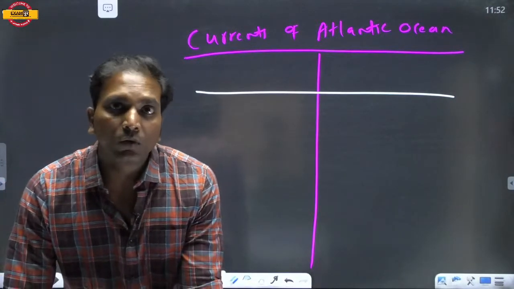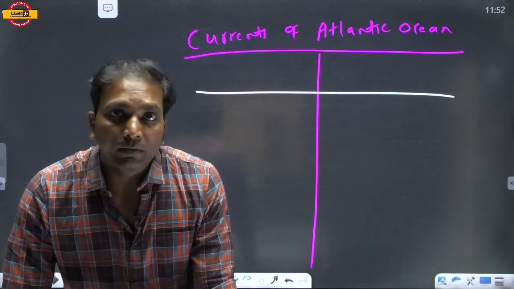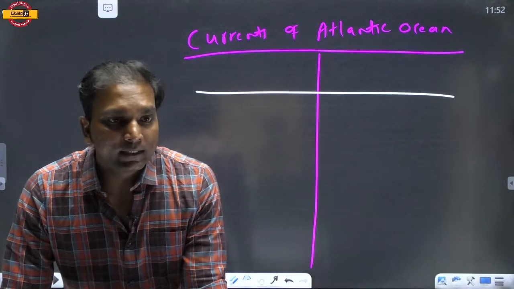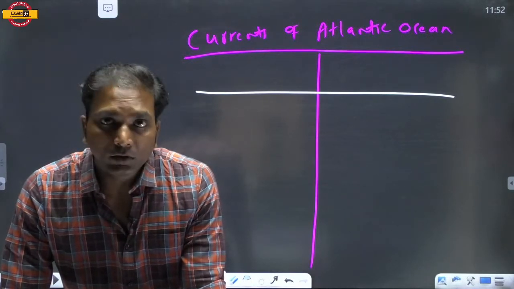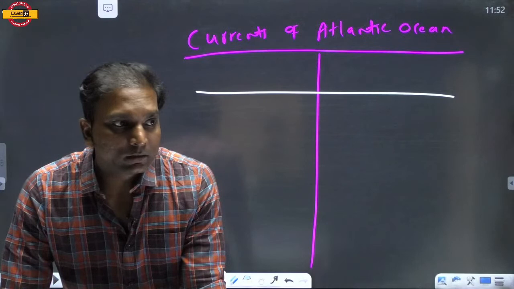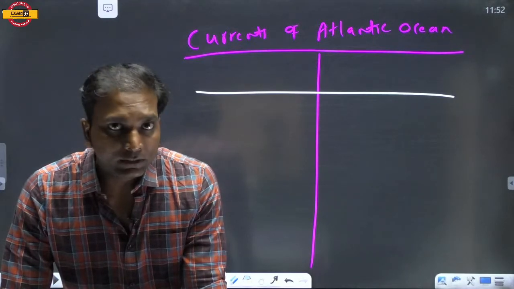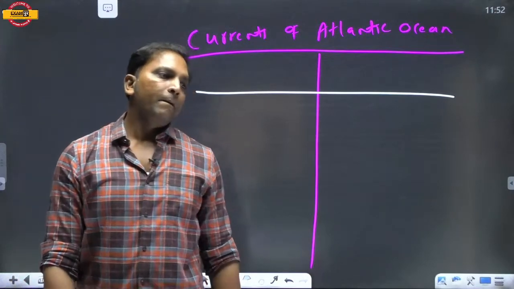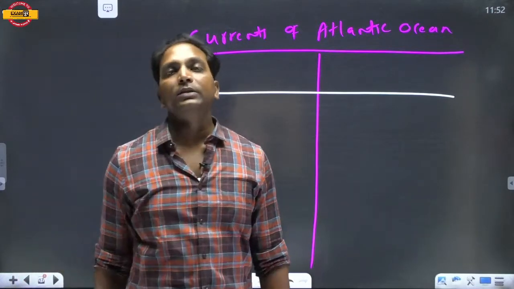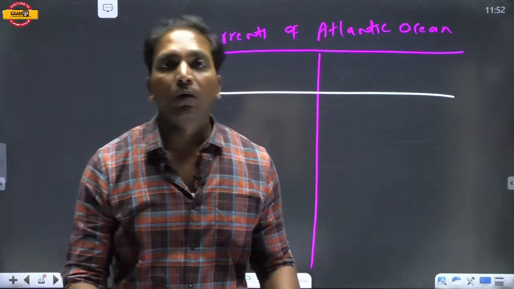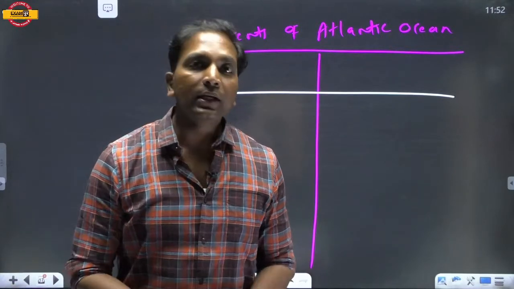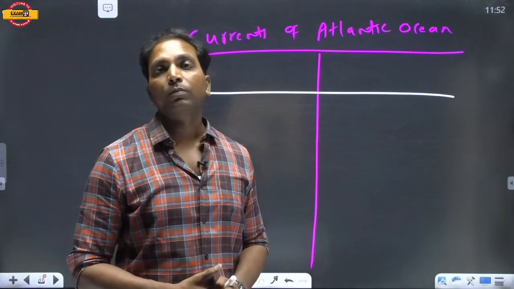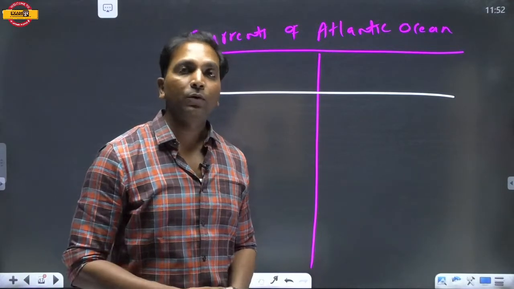Then we will discuss the Gulf Stream and the North Atlantic Drift, and how the western coast of the European continent stays warm all year, which is why it is called the blanket of Europe. Which current is called the blanket of Europe?